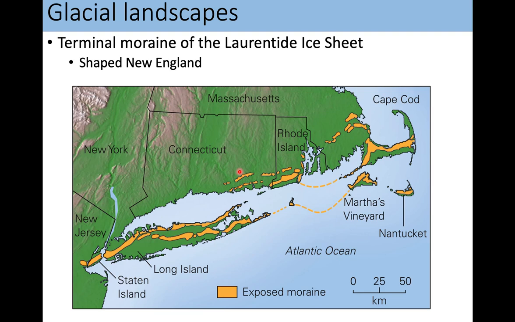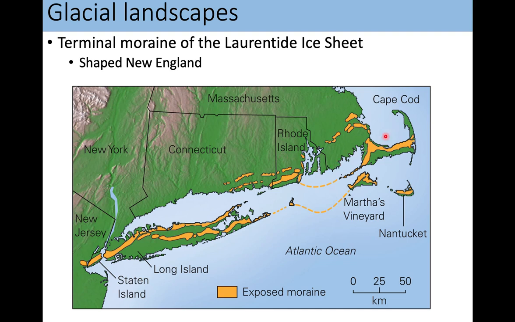Also, up in New England, if anyone's ever been, great place. I grew up around here. The terminal moraine of the Laurentide ice sheet actually shaped a lot of the funny shapes that we have in New England. So Long Island, this strange shaped island that sticks out here from New York, was actually formed by this moraine. The same with the islands in Massachusetts and Cape Cod here, this funny shape, was actually formed by all of that glacial sediment.